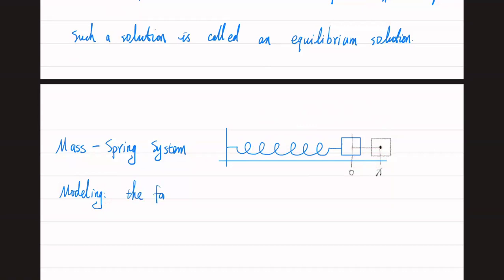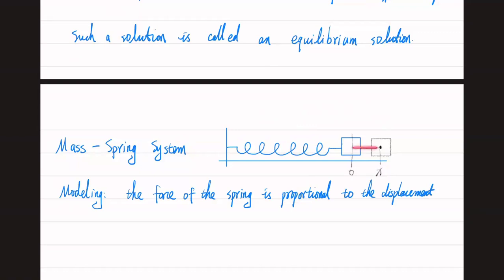The force of the spring is proportional to the displacement, and it's in the opposite direction.